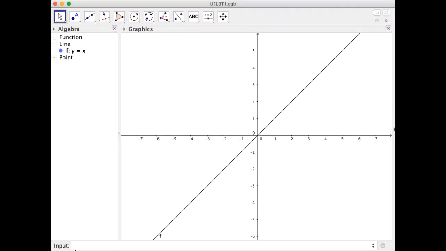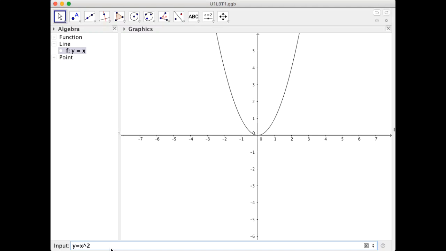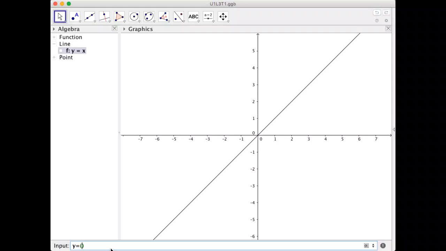Another type of continuous function might be like the graph of x squared. So that's a great example of a function that you can draw from beginning to end without having to lift your pen.